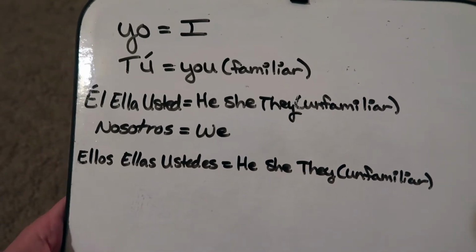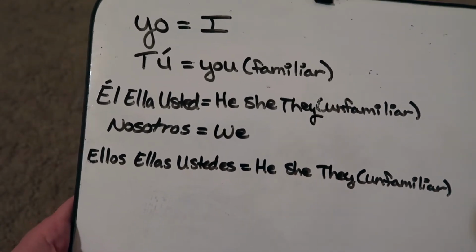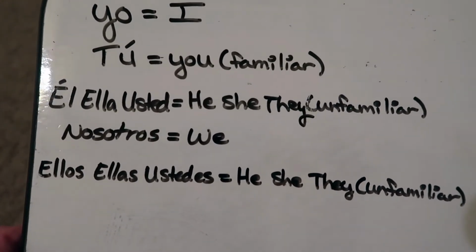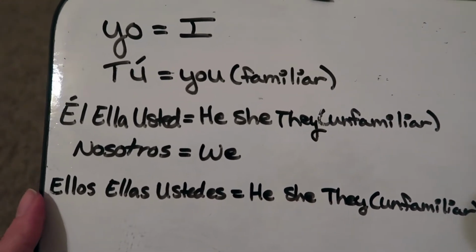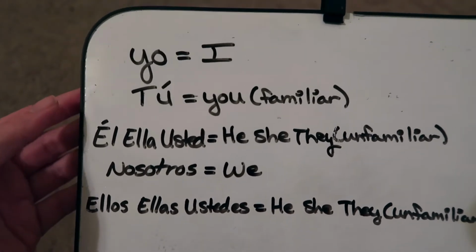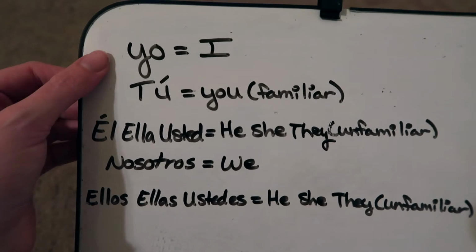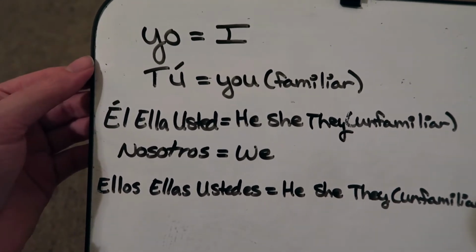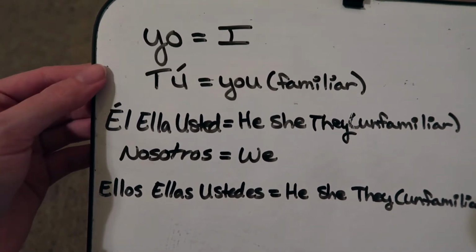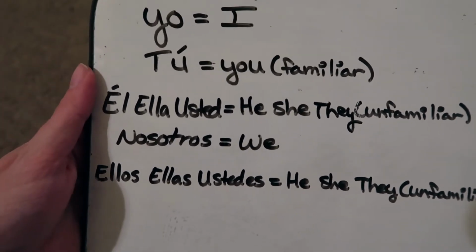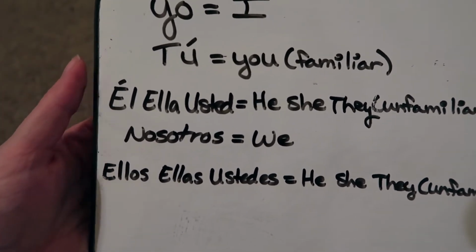In Spanish, you're conjugating depending on the person that the verb is being used with. These are the people that you can conjugate for. Yo, which is I. Tú, with the accent above it, is you, and it's for someone that you're familiar with.